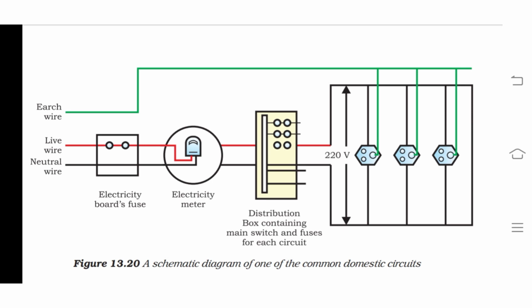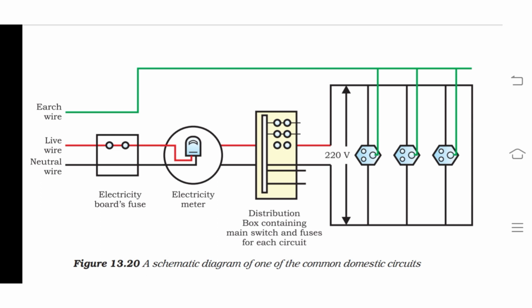Here the electricity comes from the power station to the electric board fuse, and it goes to the electricity meter, that is, the energy meter, which takes the reading of our current. In our homes we use these electricity meters, and it goes to the distribution box containing the main switch and a fuse for each circuit.